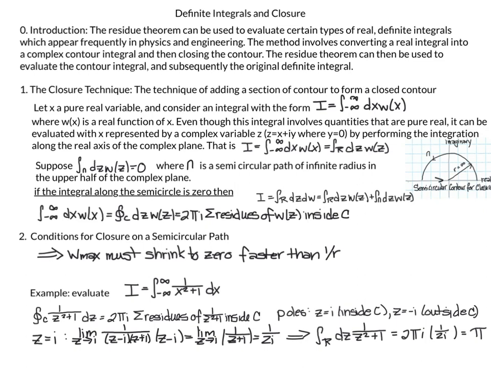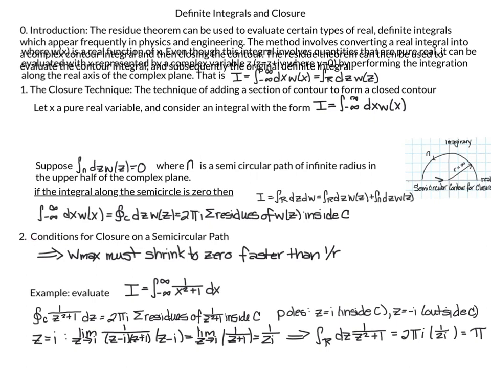Now the path along the real line together with the semicircle is a closed path. And according to the Cauchy residue theorem, this will be equal to 2 pi i times the sum of the residues of w(z) inside C.